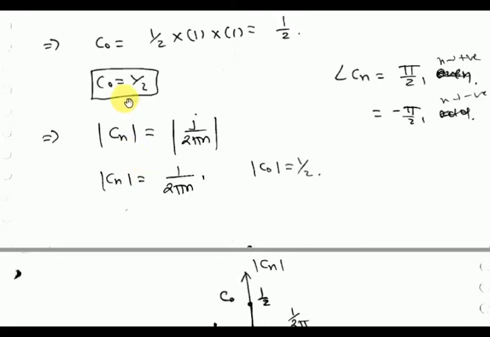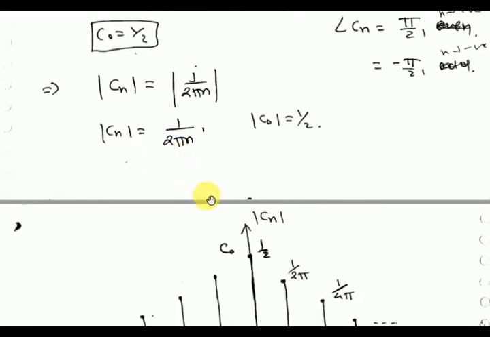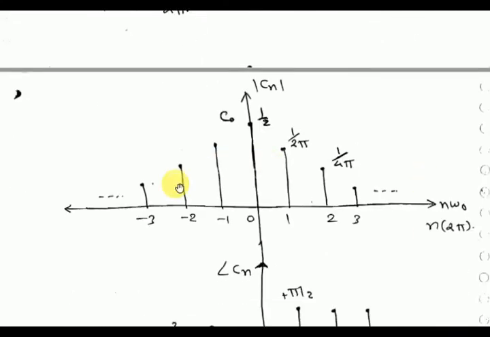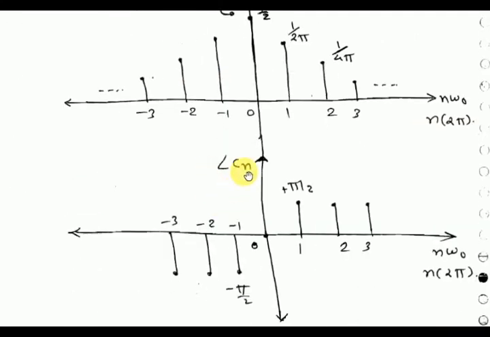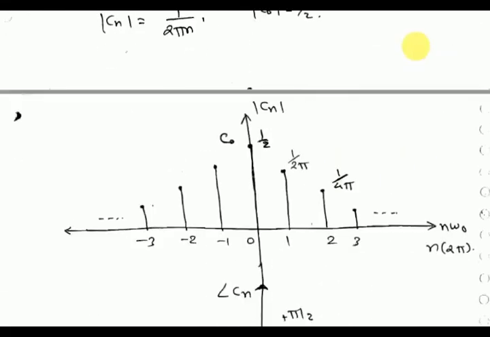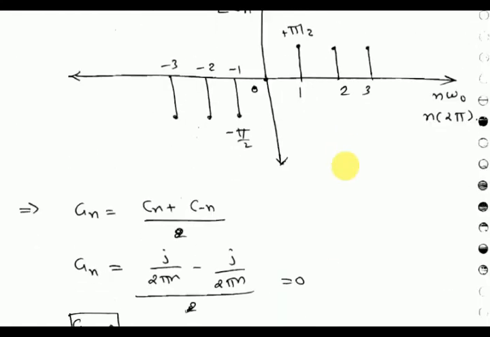It's not like that, because C naught is different and Cn is true only for n from 1, 2, 3, 4 like this, and minus 1, minus 2, except 0. So mod Cn is 1 by 2 pi n. C naught, 1 by 2, we have calculated separately, and put n equal to 1, 2 like this, you will get a mirror image on the negative side. Angle of Cn we have already calculated here, pi by 2 for positive n, minus pi by 2 for negative n. You can draw here.